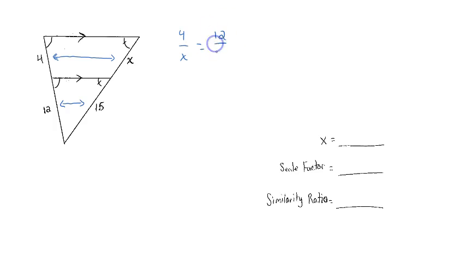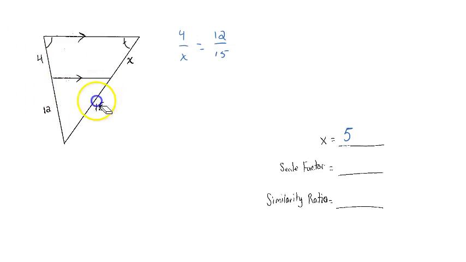Now, be consistent. If I start with 4, and that's my numerator, x is my denominator, I have to go along that same side length as my other numerator. I can't have 4 in one numerator, 15 in the other. That's the proportion I'm going to use to solve for x. When I cross multiply that, I will solve and get x equals 5.